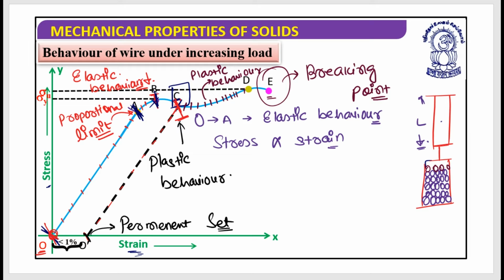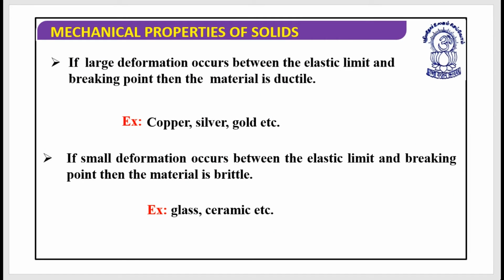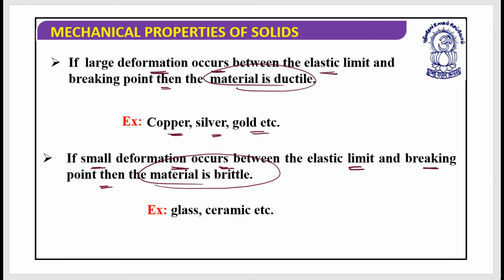Do you understand this? So, if very large deformation occurs between the elastic limit and breaking point, then the material is known as ductile, such as copper or silver or gold, etc. But if a very small deformation occurs between the elastic limit and breaking point, then the material is called brittle.